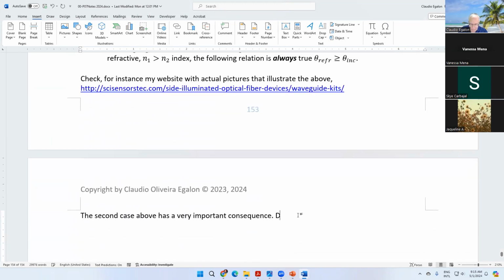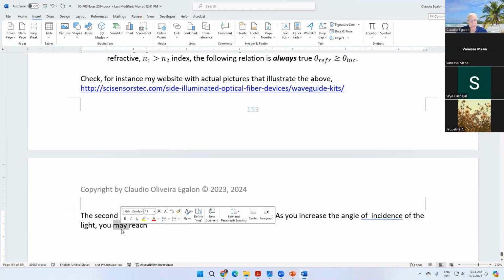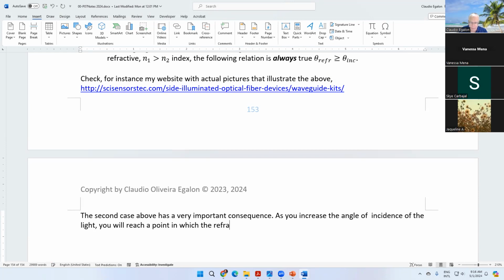As you increase the angle of incidence of the light, you will reach a point in which the angle of refraction will be 90 degrees.